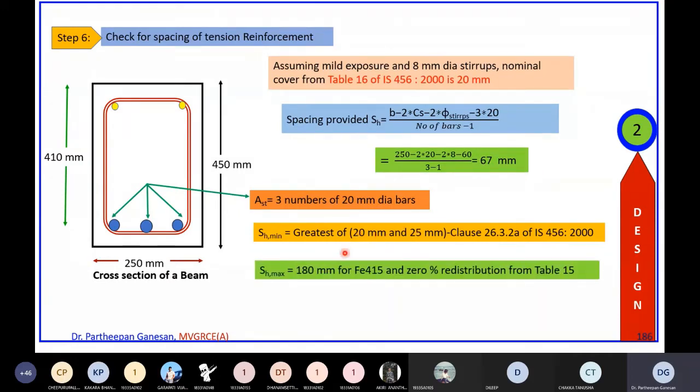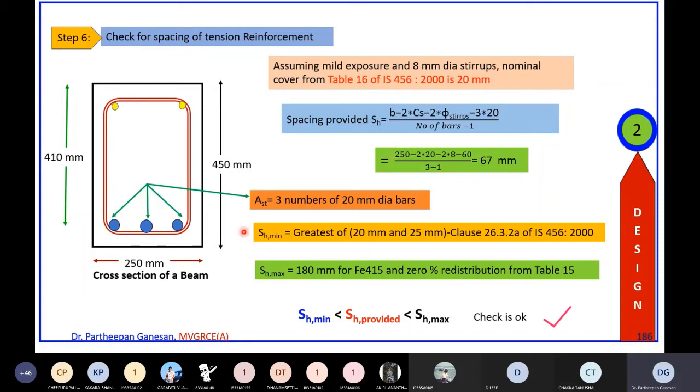From table 15, you have SH maximum as 180 mm for Fe415 steel and for zero distribution steel. Obviously your spacing provided is greater than the minimum spacing required and less than the maximum spacing, so this check is also fine. This is for the spacing of tension reinforcement.